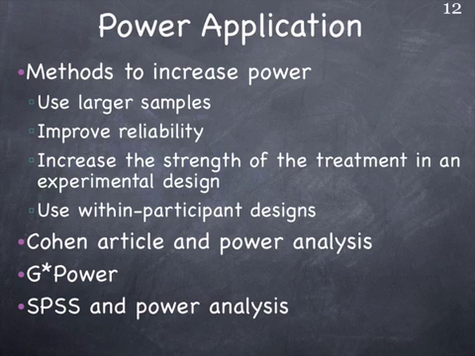We talked about how low measurement reliability tends to attenuate relationships between two variables, meaning reduce them, meaning lower the effect size between the two variables. So if we can improve our reliability, all things being equal, we're going to increase our power. Increase the strength of the treatment in an experimental design.